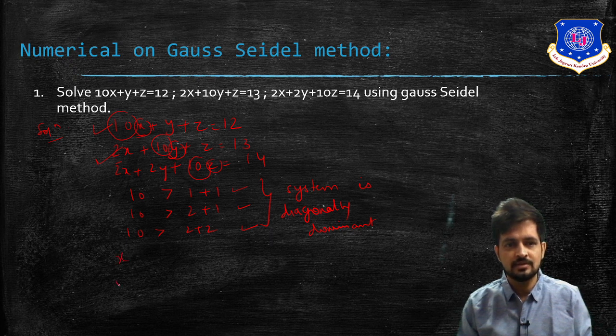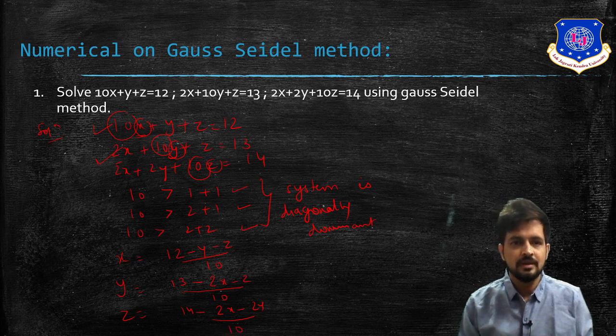So my equations for x, y, z will be: x = (12 - y - z)/10, then y = (13 - 2x - z)/10, and z = (14 - 2x - 2y)/10.